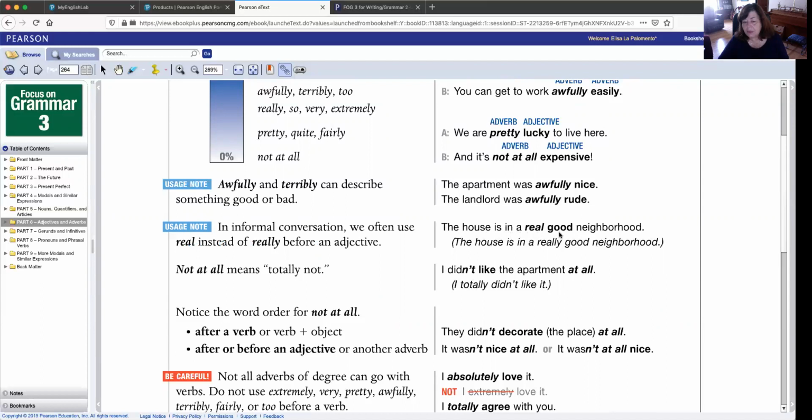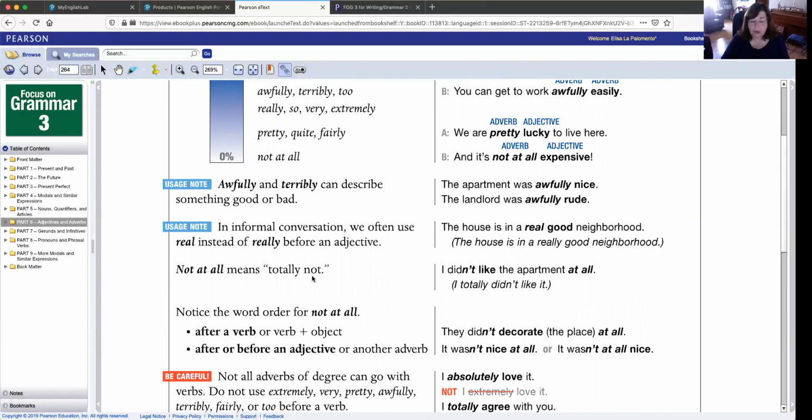I'm sure because so many people do, it has now become accepted. But if you were writing this in any kind of academic form, you would have to say the house is in a really good neighborhood, because really is describing to what degree it is good, okay?